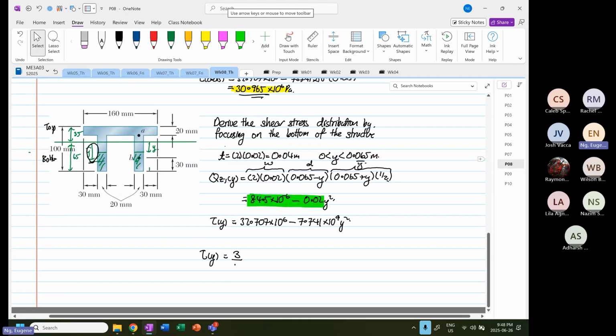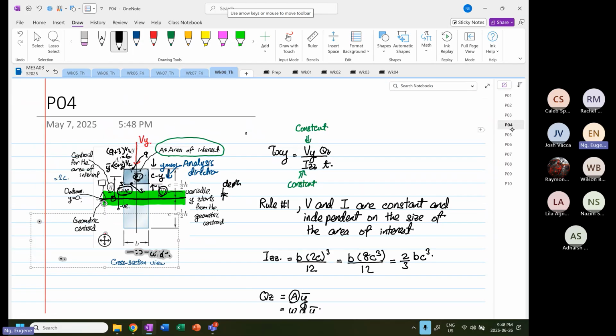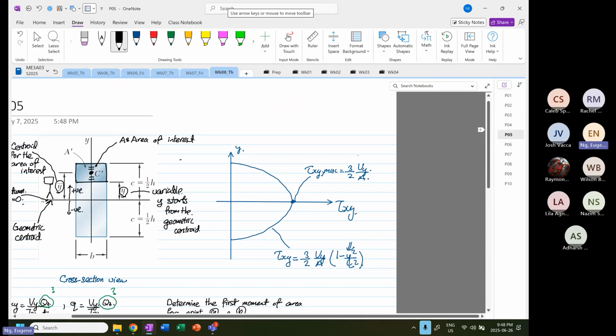Okay, 3 over 2, Vy over A bracket 1 minus y squared over c squared, right? Let me see, did we derive that? I need to be sure. Yeah, V over A, 1 minus.